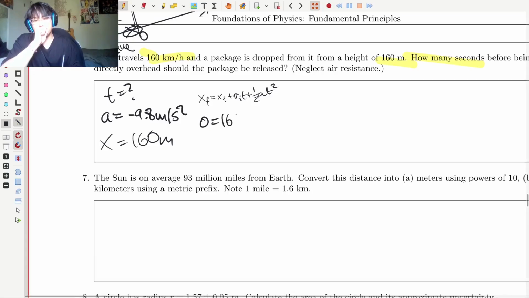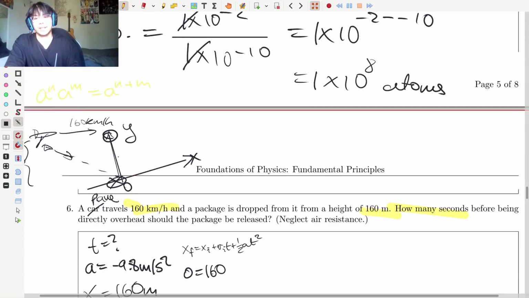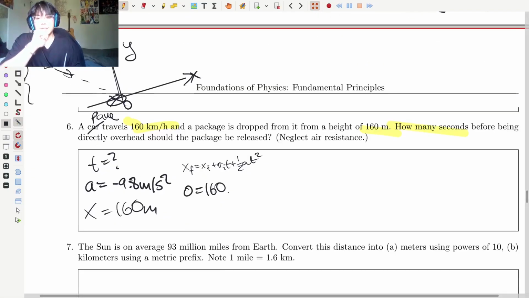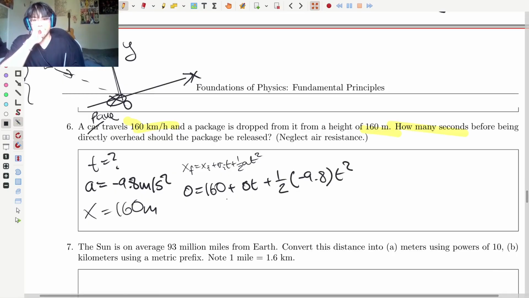Our initial displacement would be 160 because, as you can see here, we're going to be starting up here and the package is going to fall down to the origin. So 0 is equal to 160 plus our initial velocity. Well, our package will have an initial velocity of 0 because it's not moving. So 0t plus 1/2 a is minus 9.8 t squared.